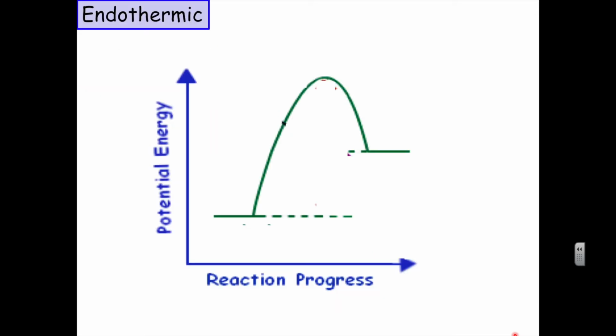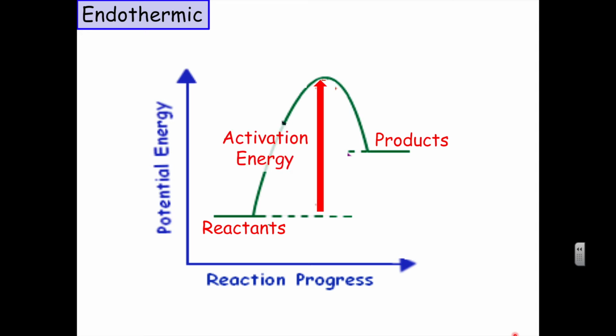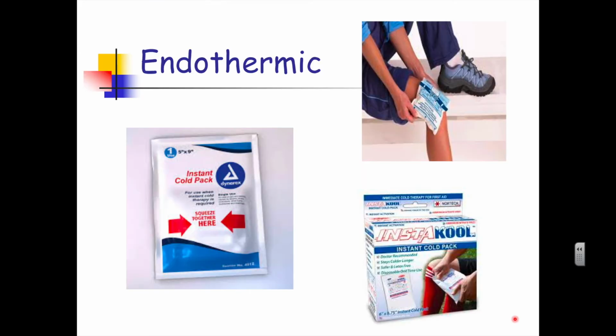Endothermic reactions are just the opposite. So the reactants are here and the products are here. The activation is still this hump right here. We'll talk about this activation energy in a later video. The reactants go to the products, and since it increased, it has a positive delta H. Endothermic reactions feel cold, kind of like your cold pack or your air conditioner, that Freon in your air conditioner, or baking soda and vinegar.